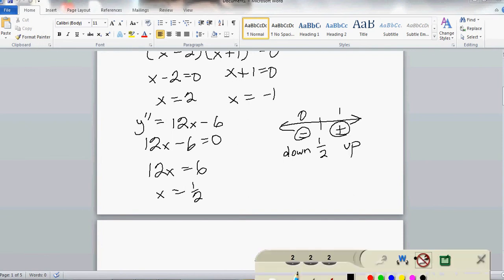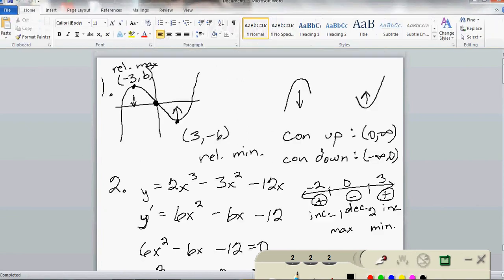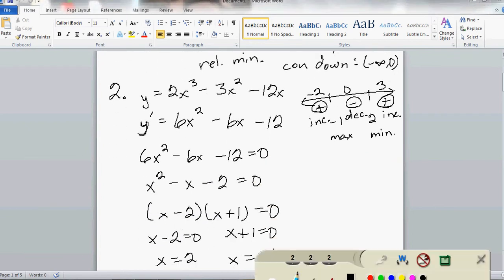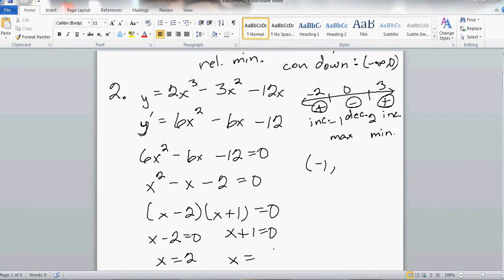So now we've got quite a bit of information. We're ready to graph our points now. In order to figure out what each of these points are, we need to go back to the original to find the corresponding y values. So I'm going to have the point negative 1, and if I plug in negative 1 back into the original, I think I come up with a 0.